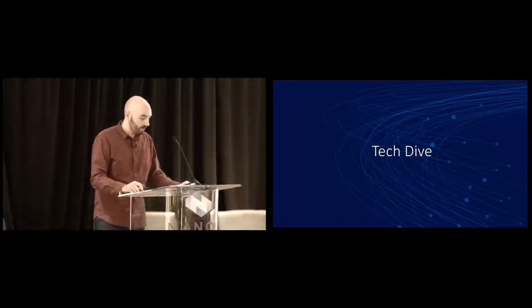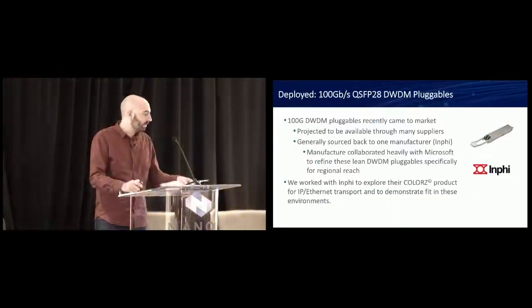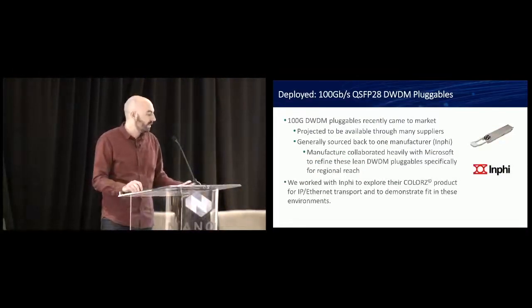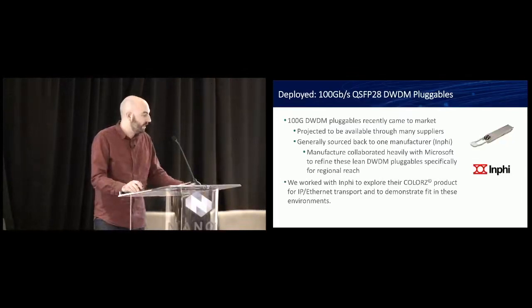So let's look a little bit more into this equipment. What did we choose to deploy? We went with 100 gigabits per second QSFP28 DWDM pluggables. They recently came to the market. They're projected to be available through many different suppliers like Adva, Arista, Juniper, and Smart Optics, who will all be selling this type of pluggable in the future.